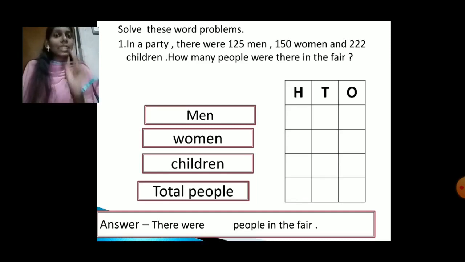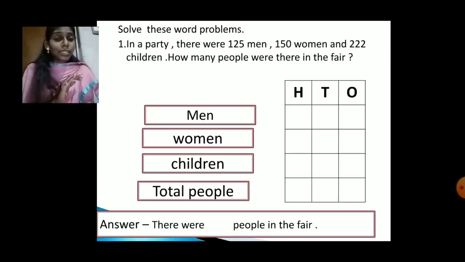First step is read the problem carefully. You have to read the problem very carefully and find out what information is given in it. Second step is, you have to find out what you need to find. In the question, what do I need to find out, that you have to observe.